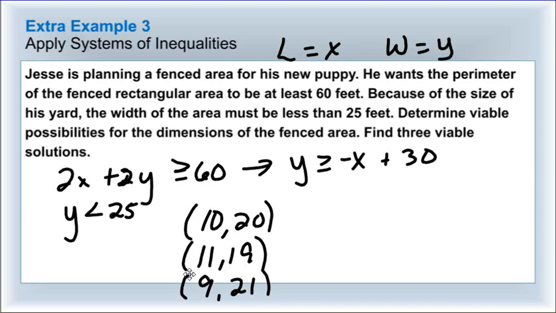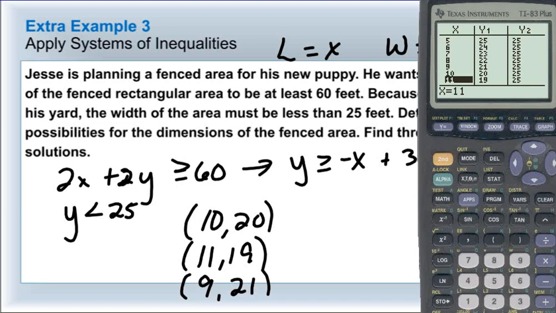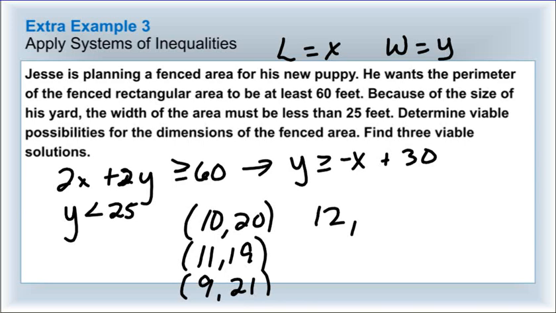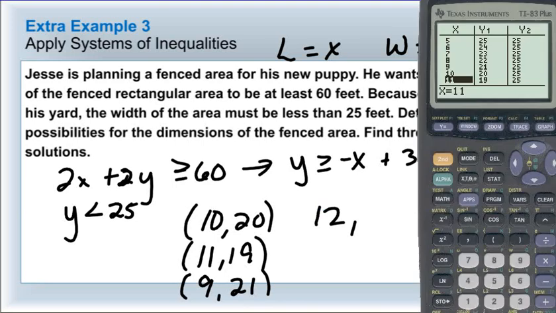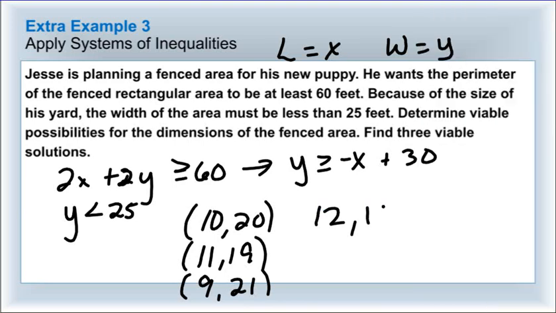If we did another one, let's just say we did 12. 12 would be matched up with 18. So that's 24 plus 36, also 60. So that would be some possibilities with that in there.